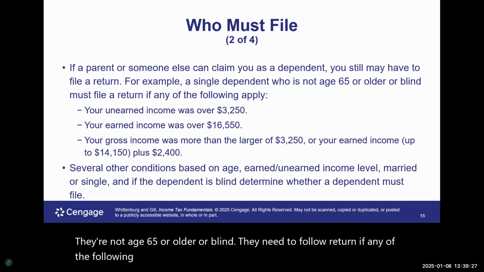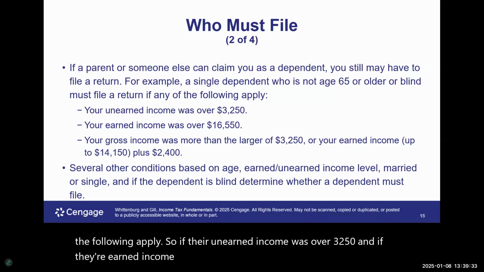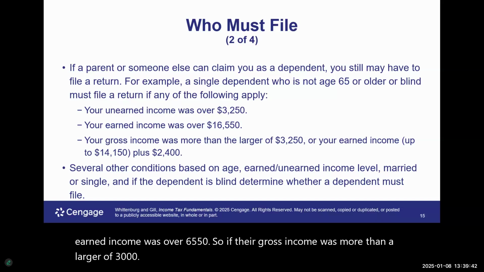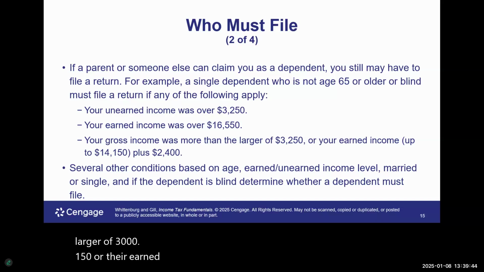If their unearned income was over $3,250, or if their earned income was over $6,550. So if their gross income was more than the larger of $3,250, or their earned income up to $14,150 plus $2,400.